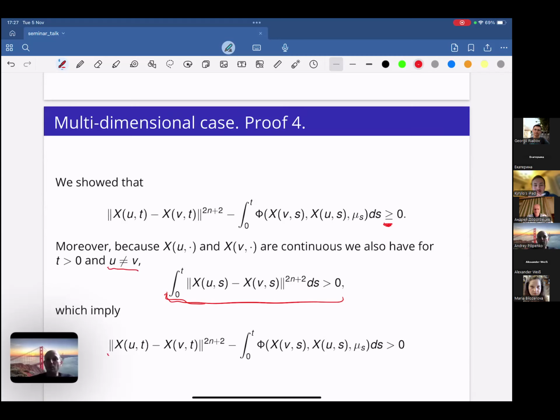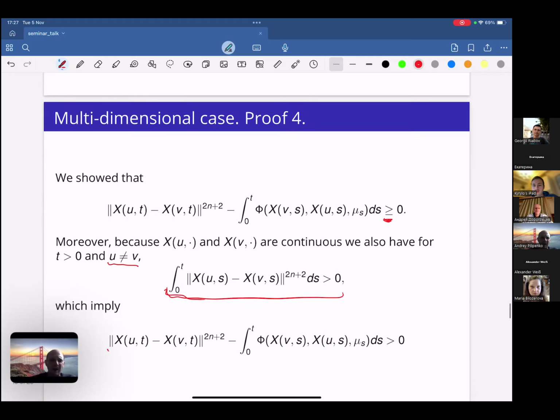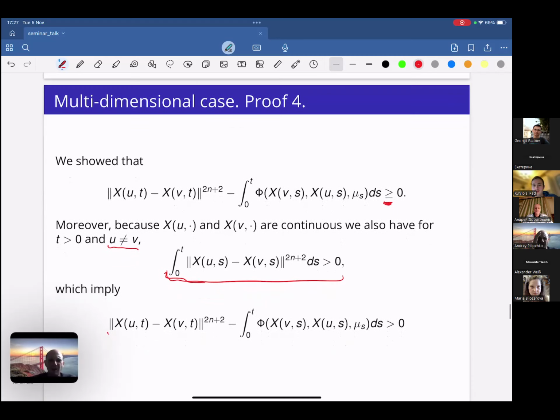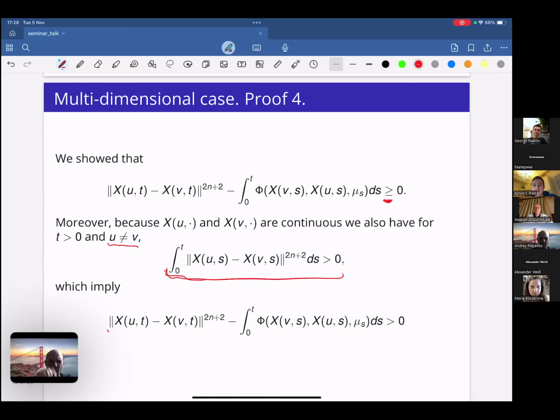Yes, for fixed u and v and finite t, this random variable is not 0. But the limit may be, who knows? The limit of positive numbers may be 0. But we consider the integral. I see, yes. It is not averaging. Thanks.